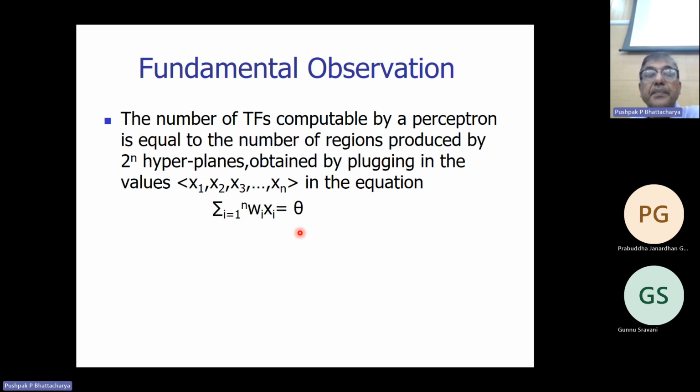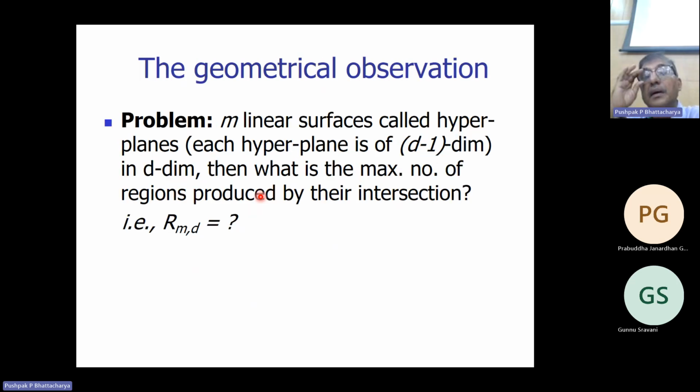So you take this equation of the hyperplane, which separates the 0 class vectors from the 1 class vectors. These vectors are points in an n-dimensional space because there are n input components. Then the geometrical observation is that if there are m linear surfaces, which are called hyperplanes, note that each hyperplane is of dimension d minus 1.